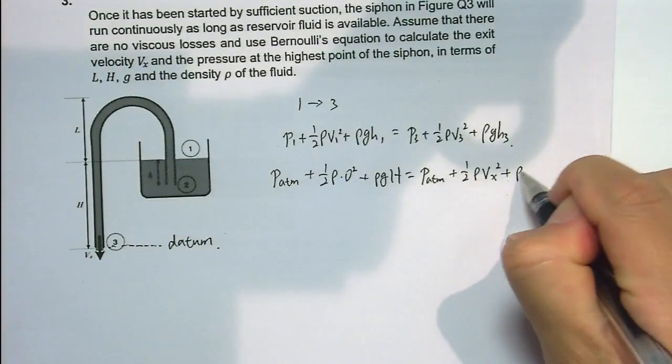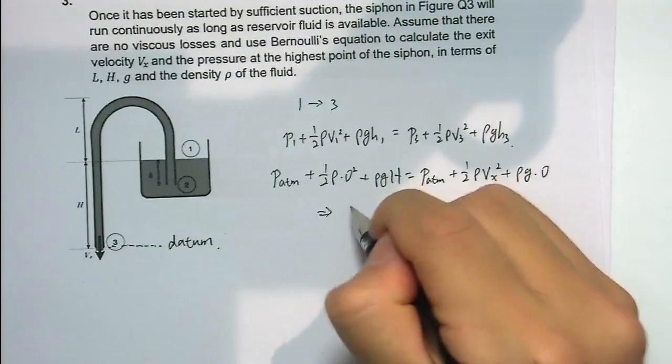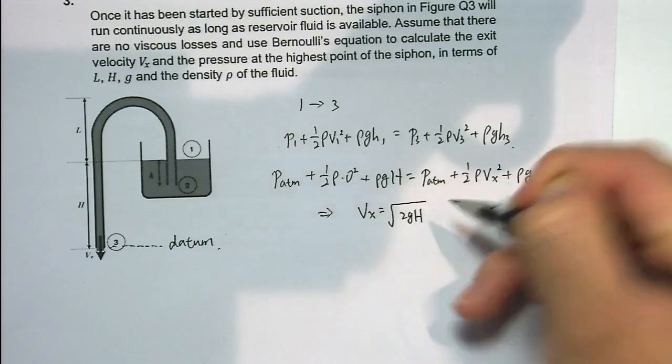And the height here is 0 for position 3. And then we get Vx is the square root of 2gH.